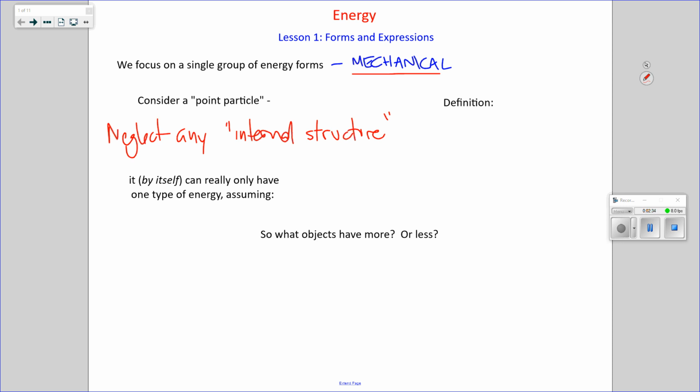Well, a point particle can have energy. A single object can have energy, and actually only one kind of energy. And that kind of energy it can have if and only if the object moves.